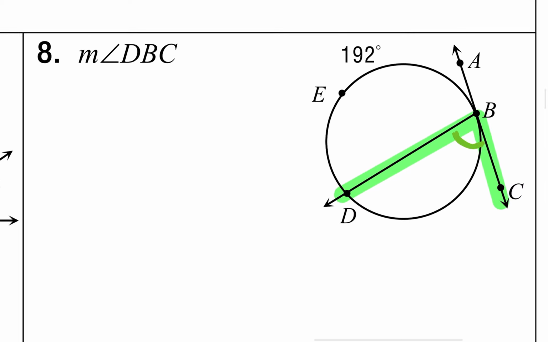Okay. So seeing if you understand earlier, the measurement of angle DBC would be half of which arc? Think about what we wrote earlier and try to figure out which arc we would be taking a half of. Okay, so hopefully you wrote arc DB.